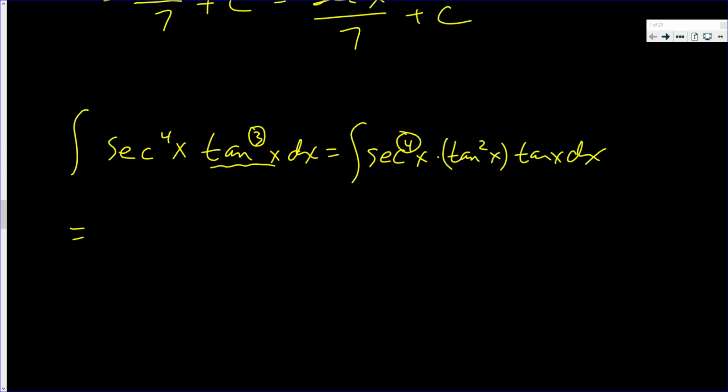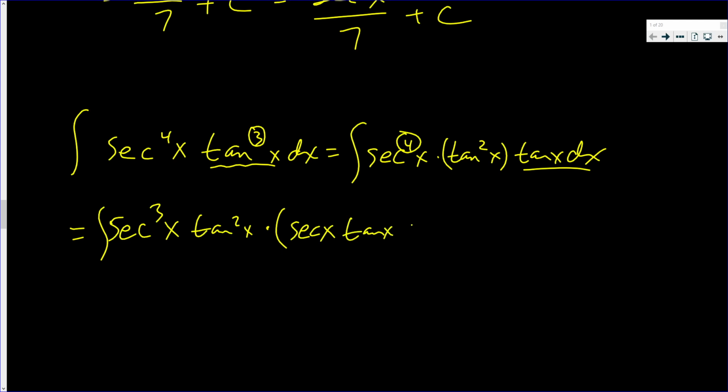I'm going to break off one secant. So I'll have secant cube x times tangent squared x times the broken off secant x times the tangent x dx. Now I can write this in terms of secant x's, and when I multiply it by that secant cube x, I'll get secant x's to powers. And the du will be right there.